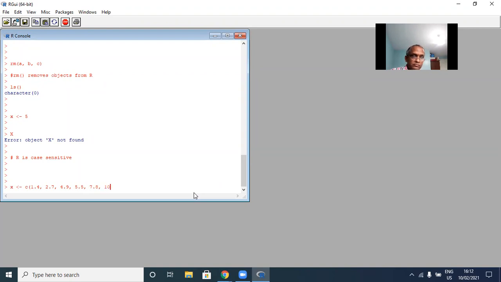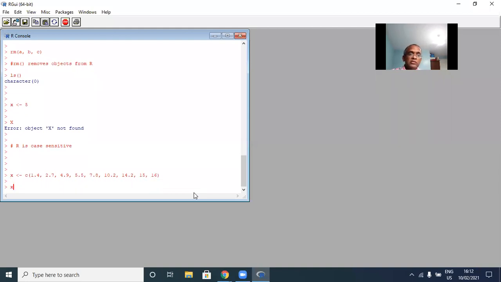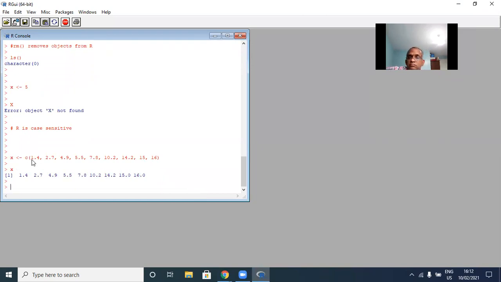So let me type that. Okay, so what this command does is that it creates a vector of length 9 that contains these numbers 1.4, 2.7 up to 16. So what you should realize here is that you start with the letter c and then open bracket and then the numbers that you want in the vector and then close bracket. So that will produce a vector like this, right?